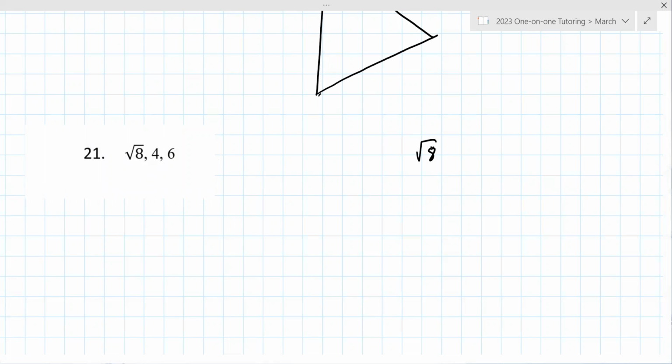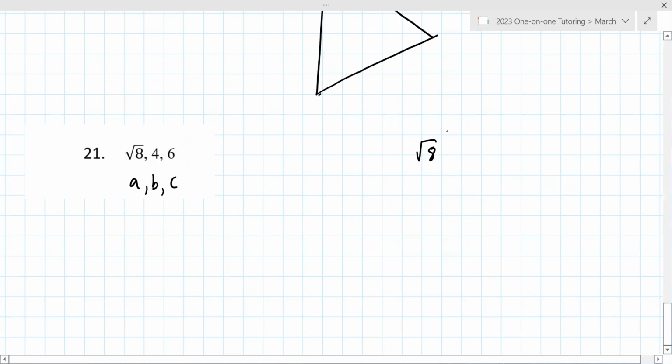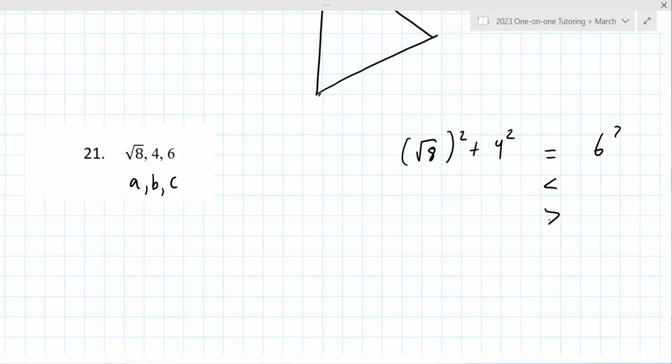Okay, I got like 2.8. Right, so that's the smallest one. So it's square root of 8 squared plus 4 squared. How does that compare to 6 squared? 36 is greater than like 24.